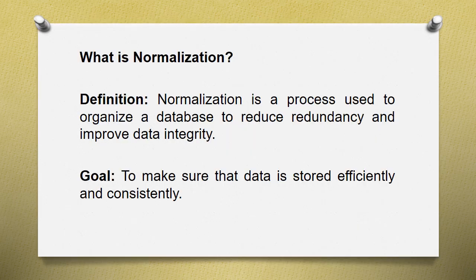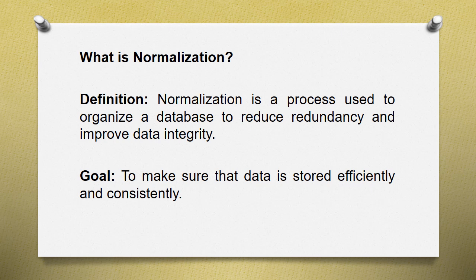What is normalization? As we all know, in a database we store the data in the form of tables. Normalization is a process used to organize a database to reduce redundancy and improve data integrity. There are 2 points basically. Number one, reduce redundancy.